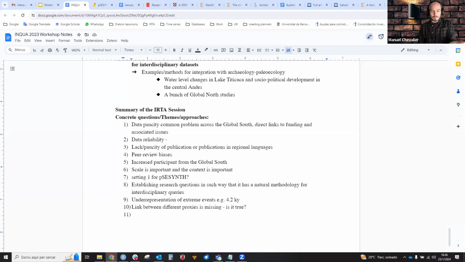Because moving from a bunch of bullet points to an articulated paper is real work. And who has the time and the capacity to do that in a timely manner? It is difficult.